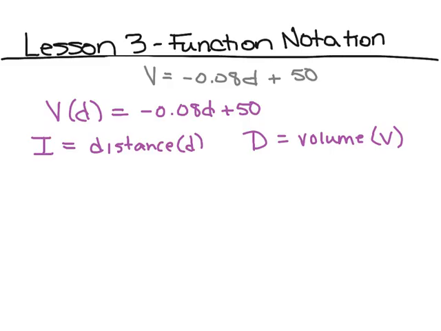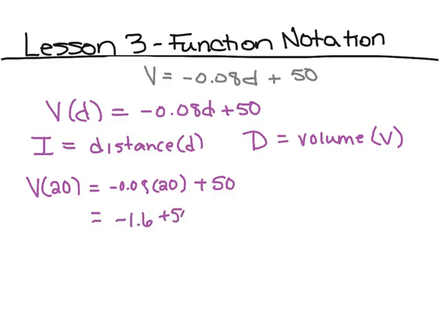Now we're going to evaluate v of 20. So 20 is replacing d, so we're going to replace all the d's with 20. And now we just evaluate. So this is negative 1.6 plus 50, so our final answer is 48.4.